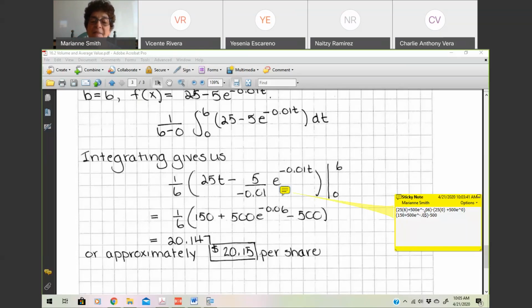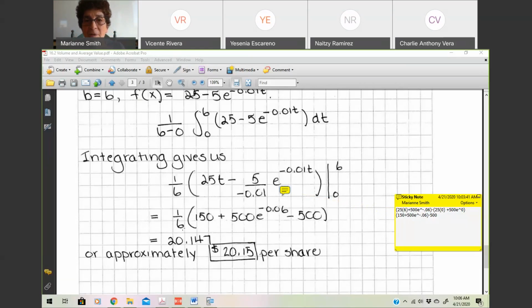Once you've got this expression, and don't lose the 1/6 on the outside, you just put it into your calculator to evaluate. The exponential is going to create lots of decimal places, so usually they're going to want you to round to a certain decimal place.